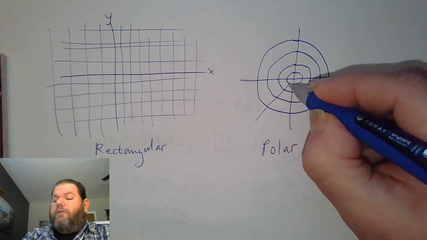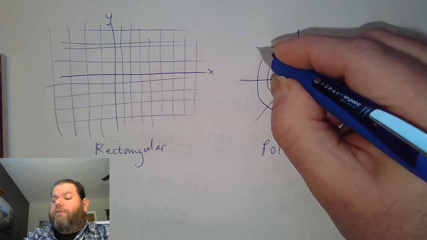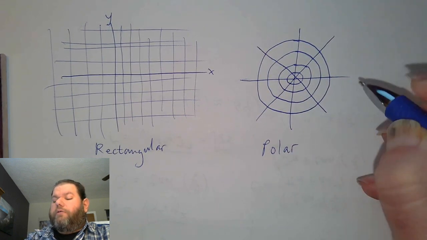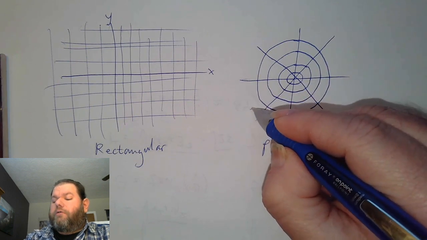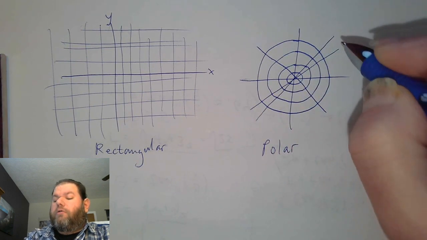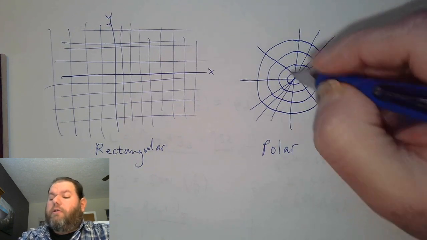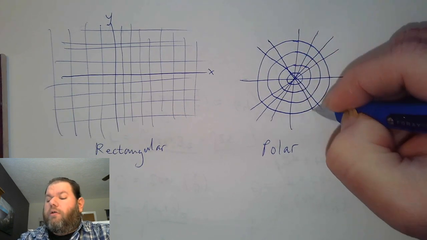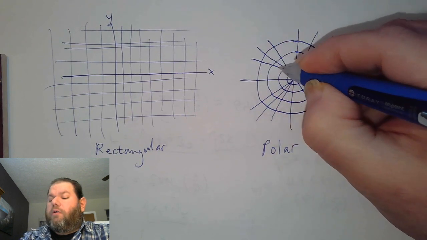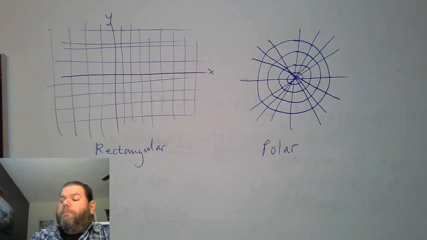And the angles as lines going through the origin. Like so. Okay.